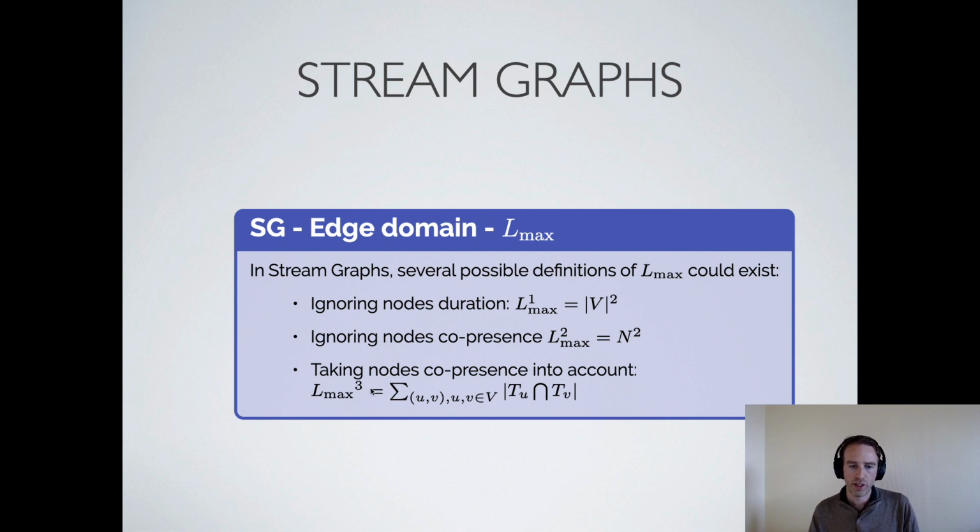So you will only count for the edges the time during which the nodes are present together. And you consider that an edge can exist between two nodes only if they are present together in the graph, which makes sense, obviously.